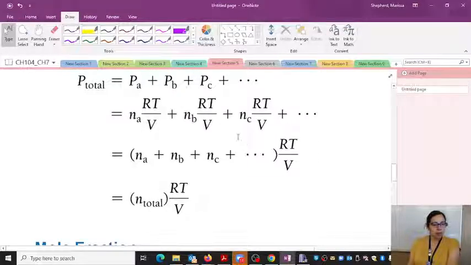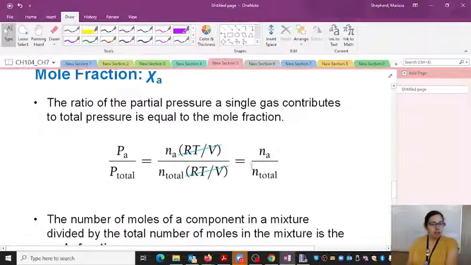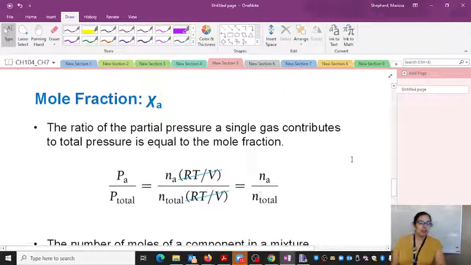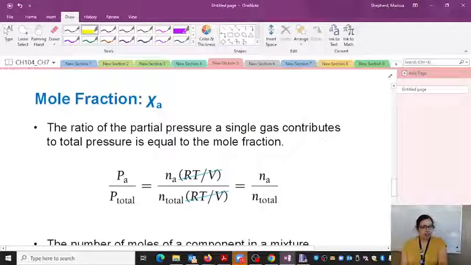So you could rederive it from here, based off of the number of moles, if you needed to. The other thing is then you can relate your mole fraction. Your mole fraction is the ratio of the partial pressure a single gas contributes, so that's equal to its mole fraction.